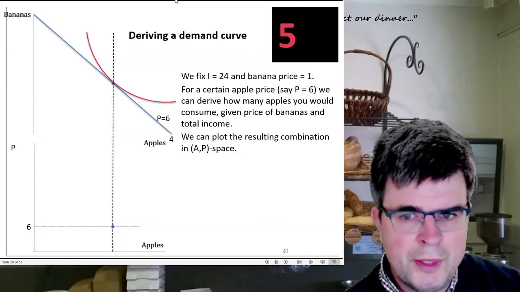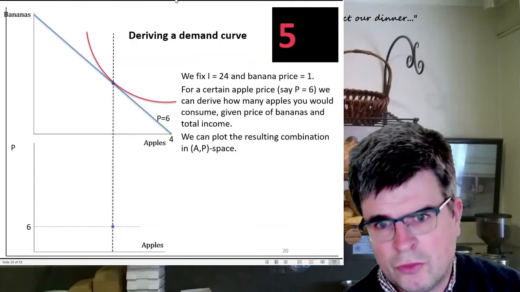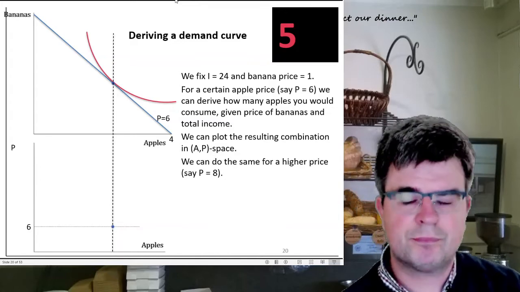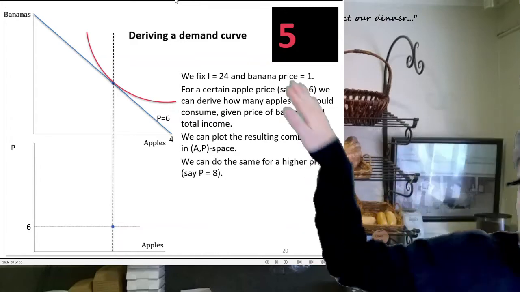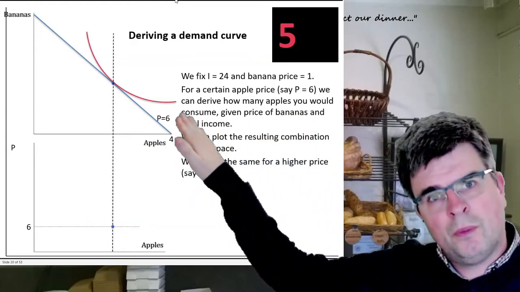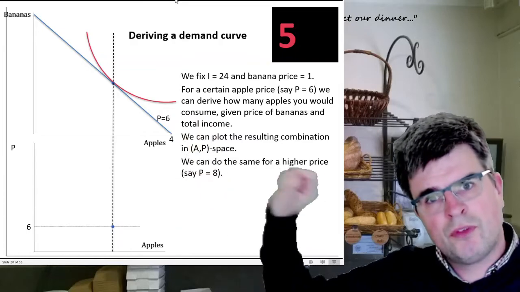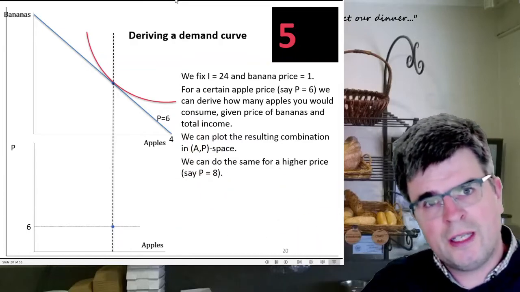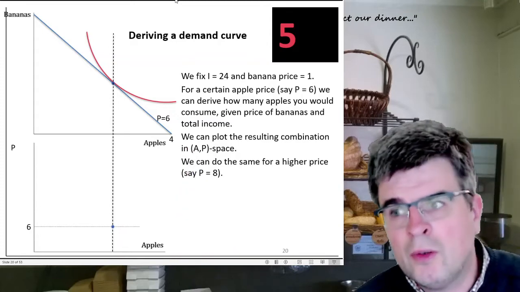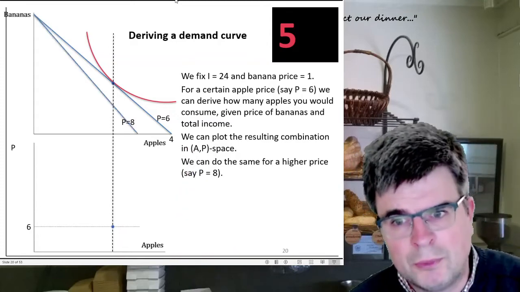Now, of course, we can change the price of apples. So let's increase the price of apples to 8. Then the budget constraint will pivot inward. So if we would spend our entire income on apples, we can no longer afford 4 apples, but we can only afford 3 apples.